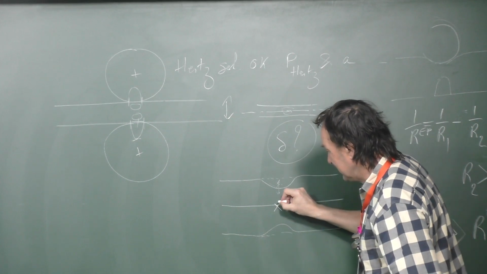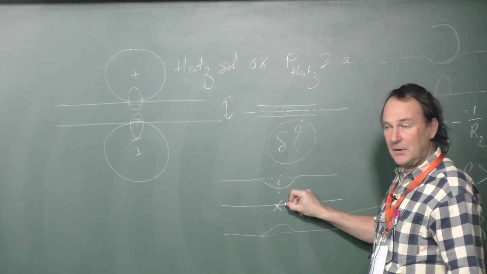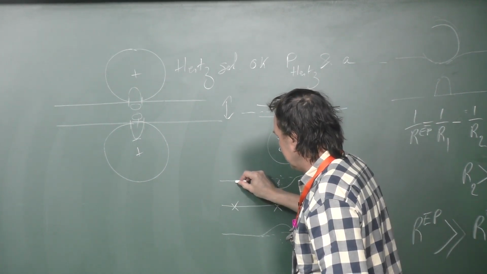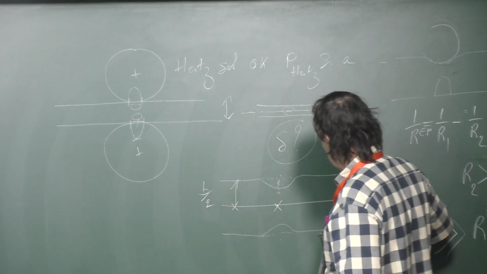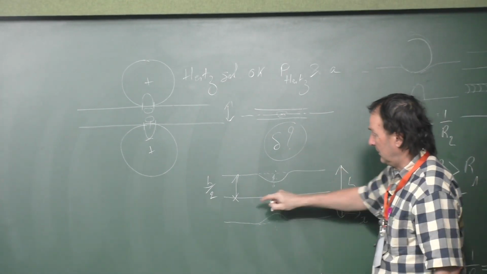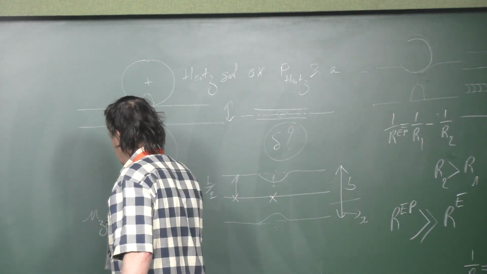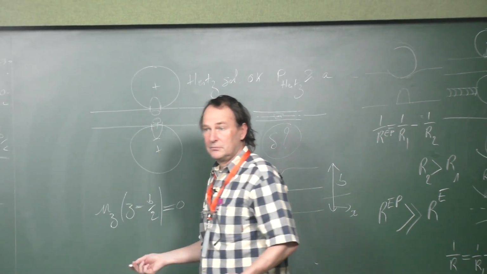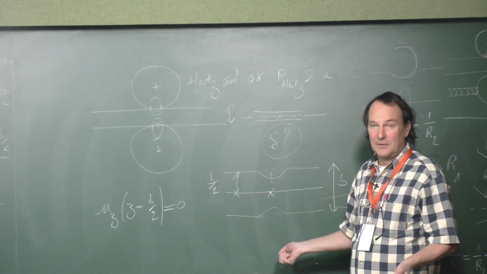However, the point which is in the middle, due to the symmetry, the displacement will be nil. Okay? Which means that if you take this point, and if this is, let's say, half the thickness of the sheet here, you can say that u_z at depth z = b/2 should be 0. Okay? This is by symmetry, this is normal.